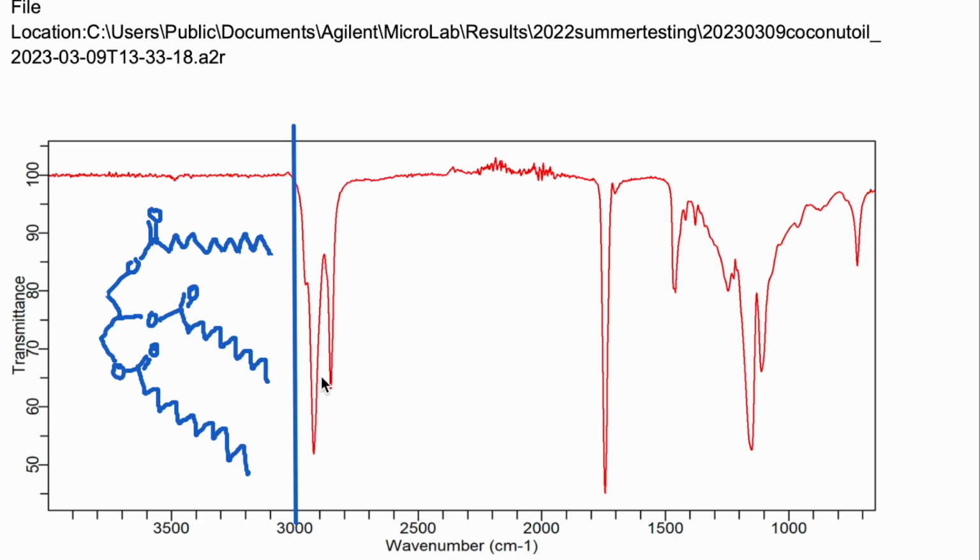It has CH stretches below 3000. I have a line here for 3000, just like the biodiesel does. There's a small amount of alkene, not very much, so the IR is not really picking that up. And so mostly CH stretches and ester, same thing that you would see for biodiesel. So there's not a lot of difference between the IRs for those particular two compounds.